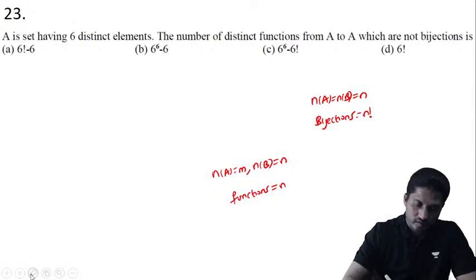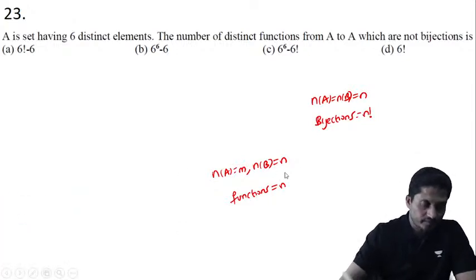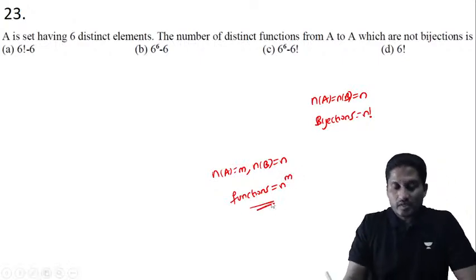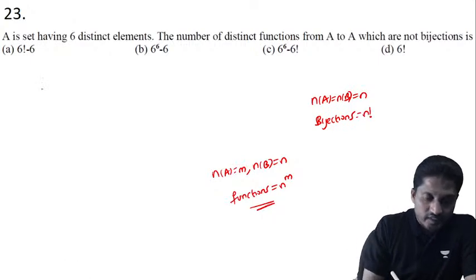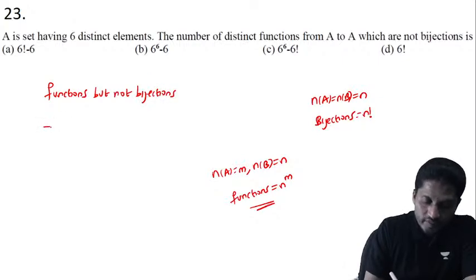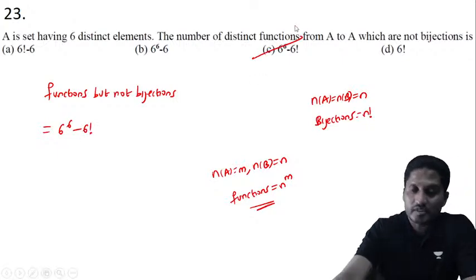Now it is having 6 elements, right? So functions but not bijections is equal to n power n, that is 6 power 6 minus bijections, 6 factorial. Answer is option C.